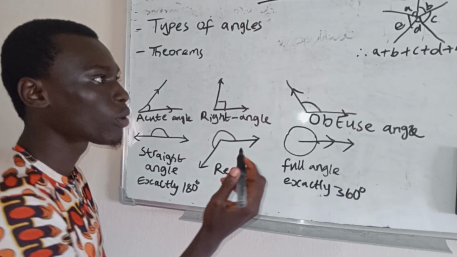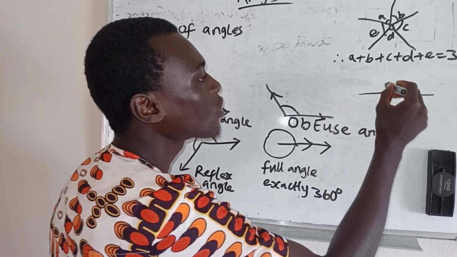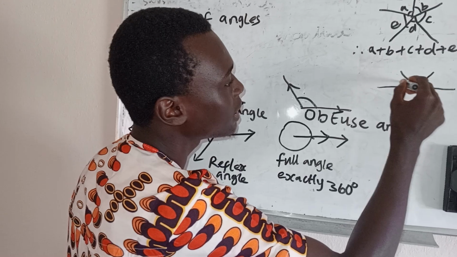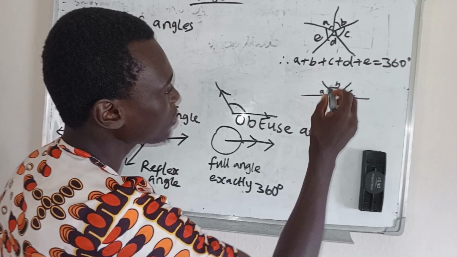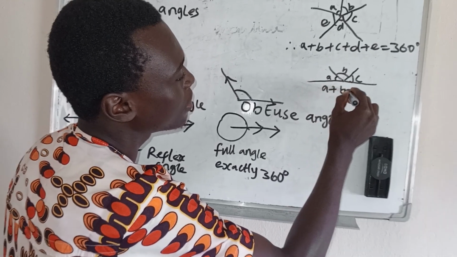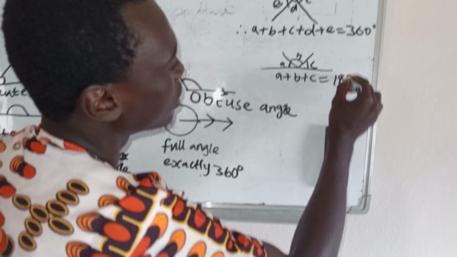And then theorem number 2 is that angles on a straight line sum up to 180 degrees. Angles on a straight line sum up to 180 degrees. We have angle A plus angle B plus angle C equals 180 degrees.